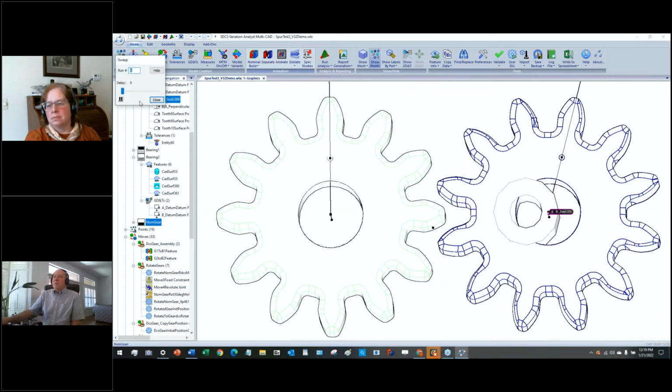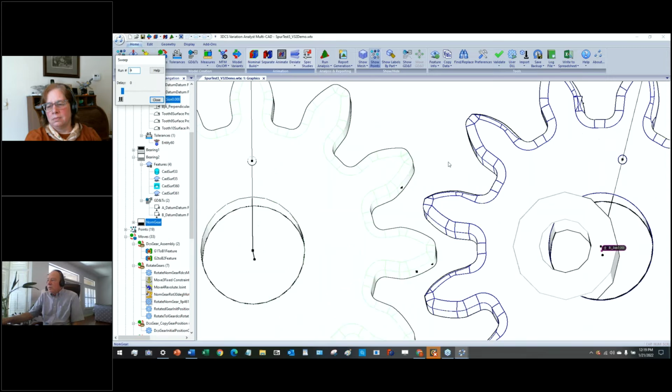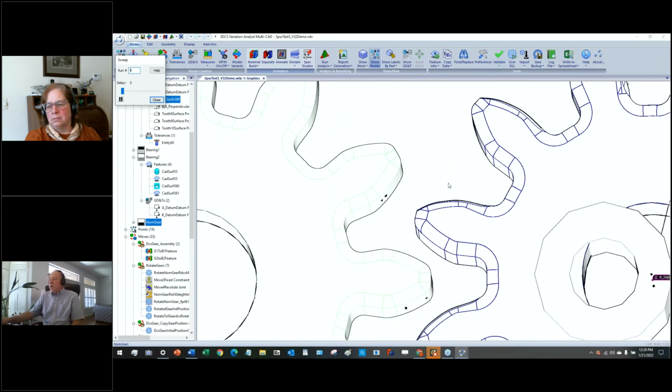What the sweep does is it keeps all the points up there. So it's going to add points as we go, and you'll be able to see the points there. You can see this one just added to the tip here. And then they're going to continue to add points, and you can see the contact pattern.